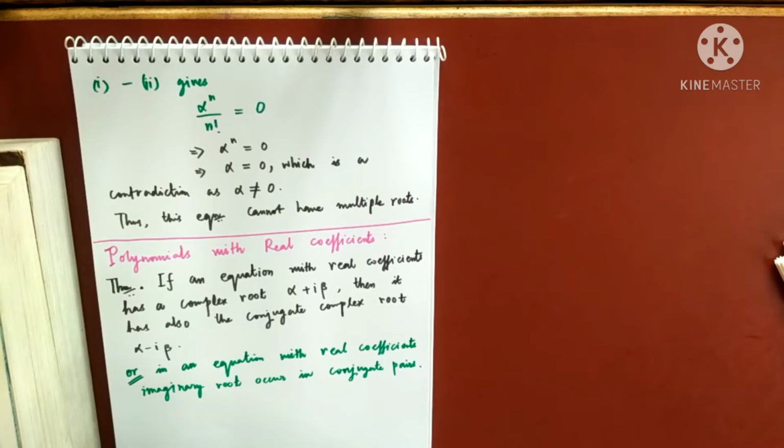Whenever alpha plus i beta is a root of some algebraic equation having real coefficients, then its conjugate is also a root.